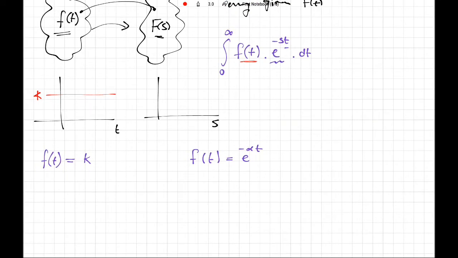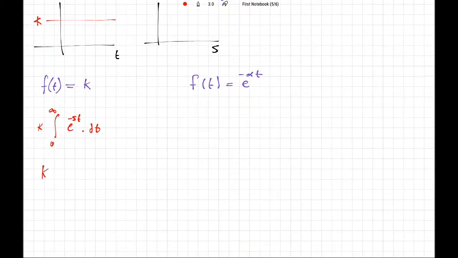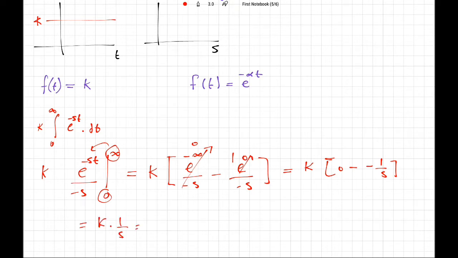If we put the k here, integration from 0 to infinity of k, because k is constant, we can move it outside the integration and integrate e to the minus st dt, and this is k times e to the minus st divided by minus s from 0 to infinity.